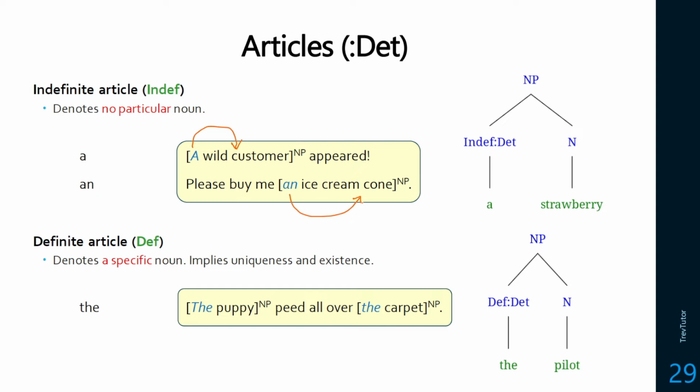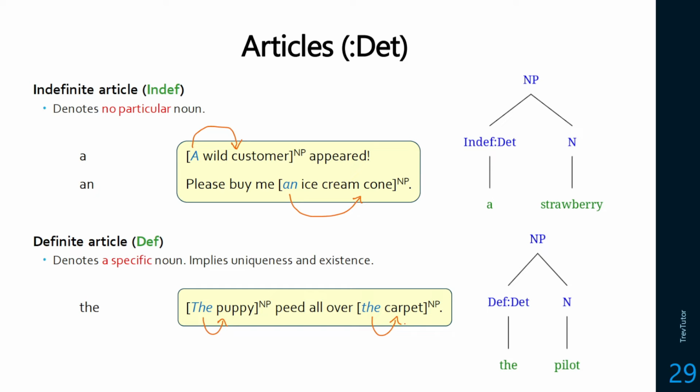Definite articles specify a specific noun. So when you use the, you imply uniqueness and existence. The noun exists and the noun is unique in terms of the discourse. I'm trying to point out a unique thing. So the puppy peed all over the carpet. So the is introducing puppy, the noun, the is introducing carpet, the noun.